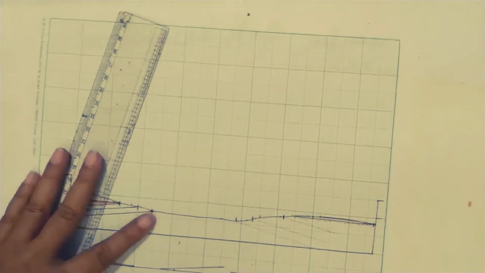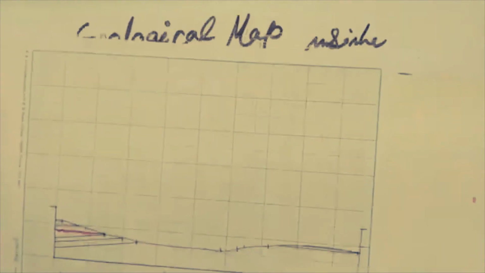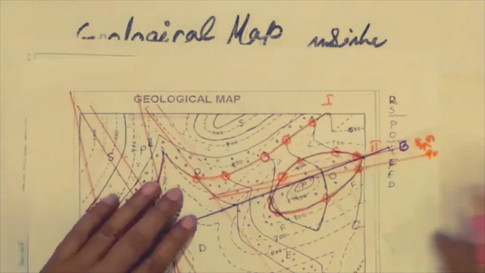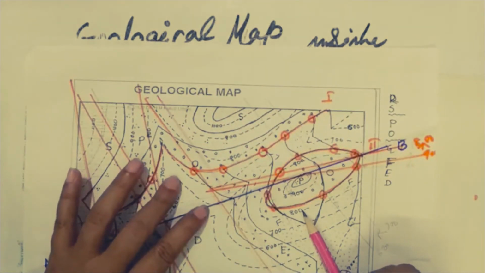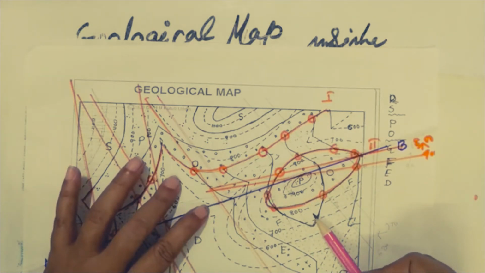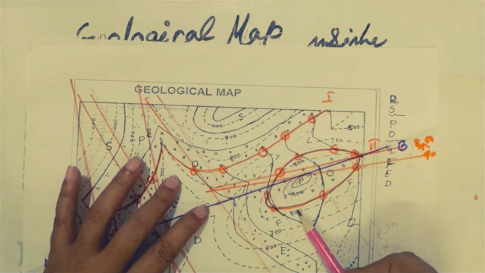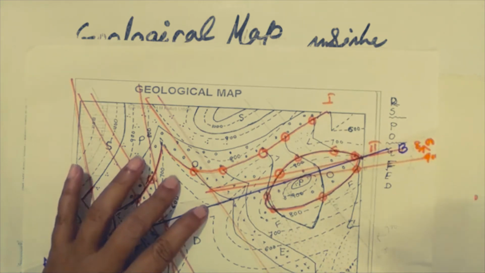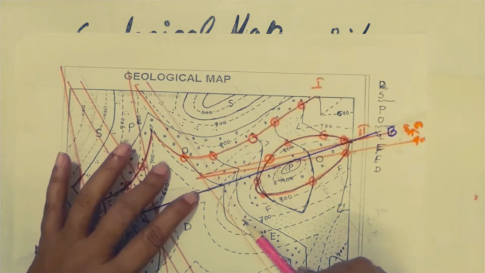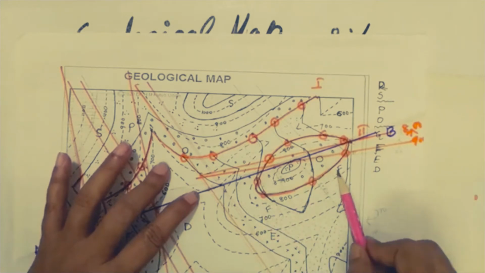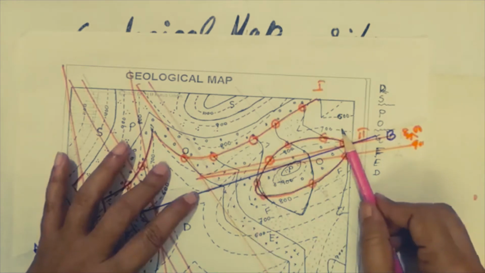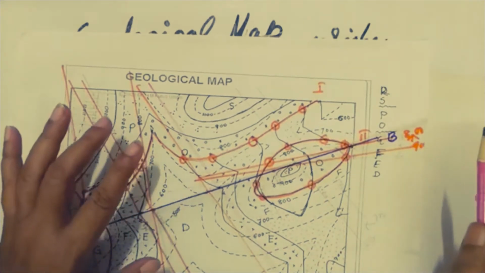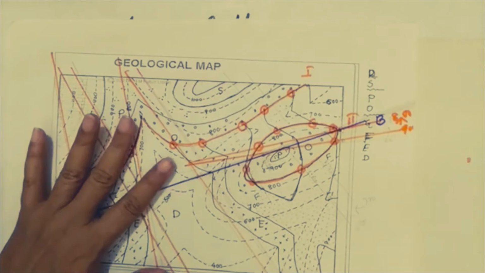Go through the map. I have plotted E, plotted F, and also the layers just beneath the line of unconformity. I have plotted the three layers, but here the repetition of beds is very common. This bed is repeated here, this bed is repeated here, this bed is repeated here. Obviously it is a map of a folded region.